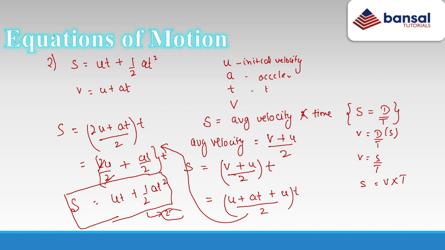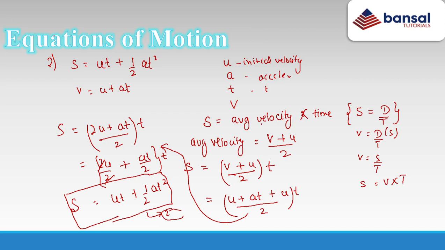So it is very easy to derive. First of all, what we have done, we know that speed is equal to distance upon time. Converting speed into velocity, we get s is equal to average velocity into time, that is, distance is equal to velocity into time. Average velocity we know, initial plus final upon 2.